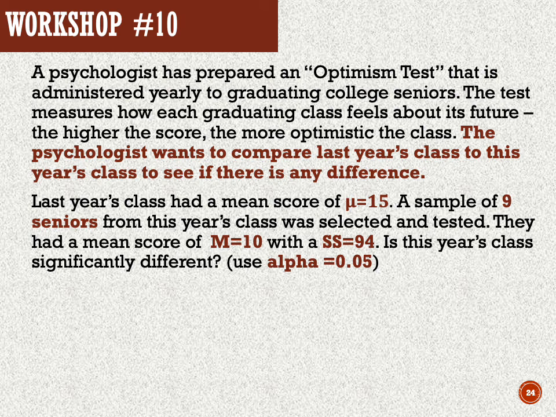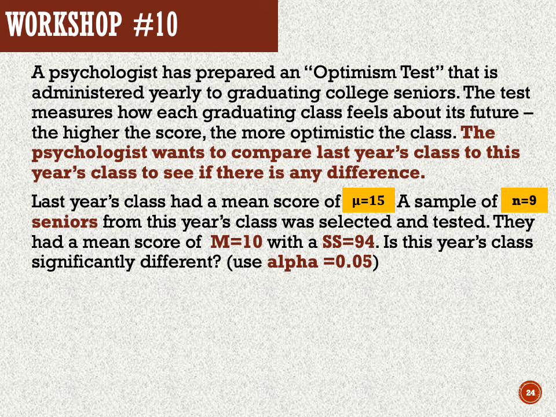So this is a similar setup here. The psychologist is comparing a sample from this year to their known value of the mean from last year. So again, I just want to highlight all of the information that we already have, and you can make your list of information again. We've got our population mean, which is mu equals 15. And we also have our sample size, which is n.